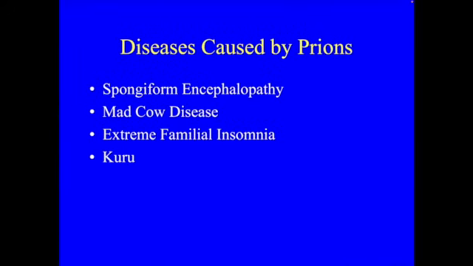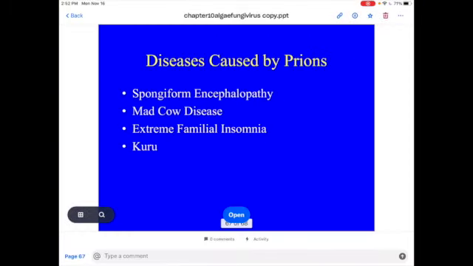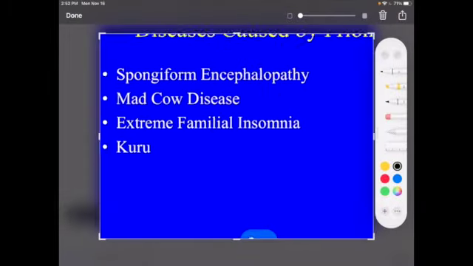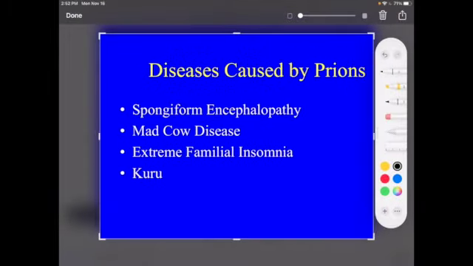Oh, diseases caused by prions. Yeah, mad cow. They're all forms of spongiform encephalopathy. This is just to point out there are a couple of other diseases caused by the prion protein. One is fatal familial insomnia. Around age 35, people who have this are not able to sleep and end up dying from that.